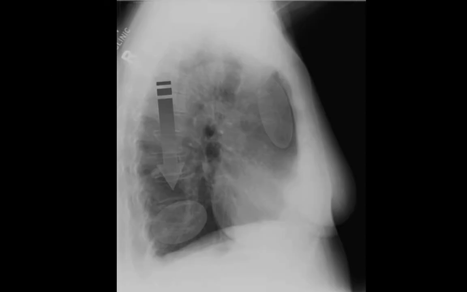Okay, as I described, this area is named the retrosternal area and this area is called the retrocardiac area. This is quite important because some lung lesions may be missed in these hidden areas. So remember these are the hidden areas. And in the lateral view, sometimes in a normal chest x-ray, we can discover the hidden thing like this.